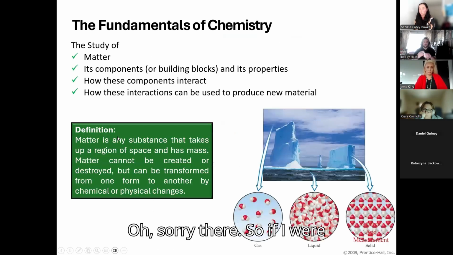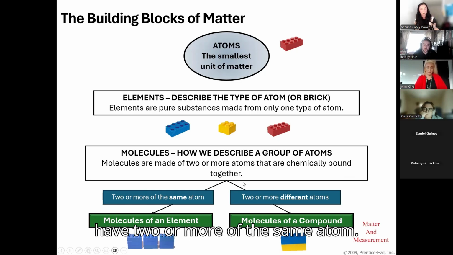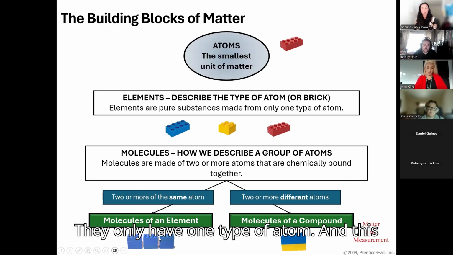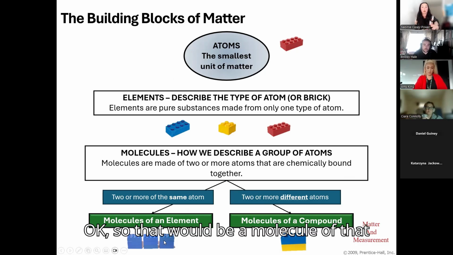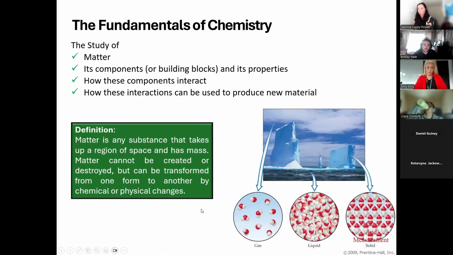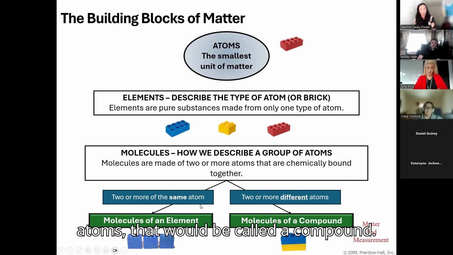If I were to show you an element, we could have two or more of the same atom. Like I said, elements are pure substances. They only have one type of atom. This would be a stack of blue Lego bricks, a molecule of that element. If I had two or more different atoms, that would be called a compound.